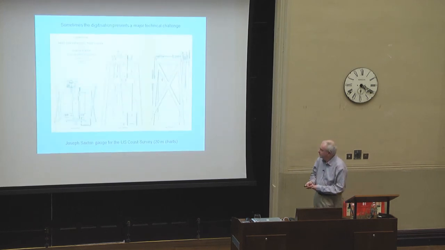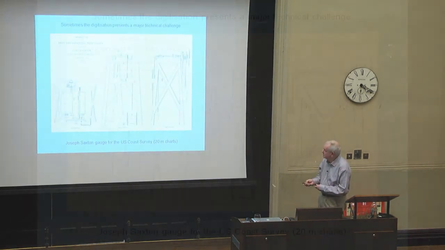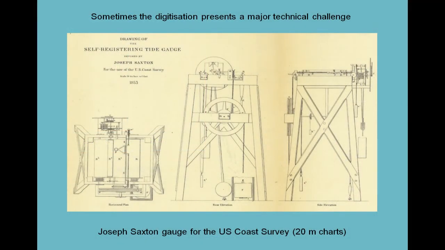The really impressive one actually is in the US. This is a picture of the first US tide gauges that were made by Joseph Saxton for the US Coast Survey. And these are remarkable devices. And the one remarkable thing about them is they produced charts which were not nice little weekly charts, but these things were 20 metres of paper, that's very hard to handle.